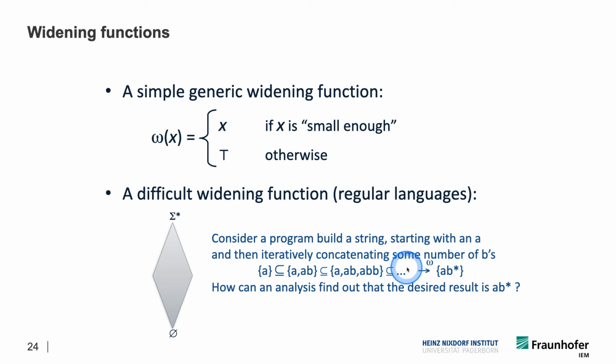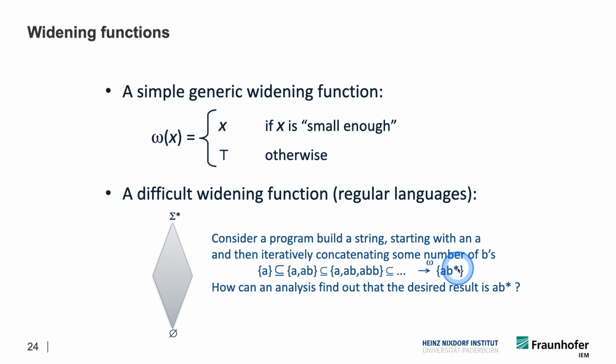And ideally we would like to widen this in such a way that we gain this information, that we're not just talking about an arbitrary number of B's here, but really about, we're using a closed expression to denote this arbitrary number of B's. So we're using B star to denote any number of B's.